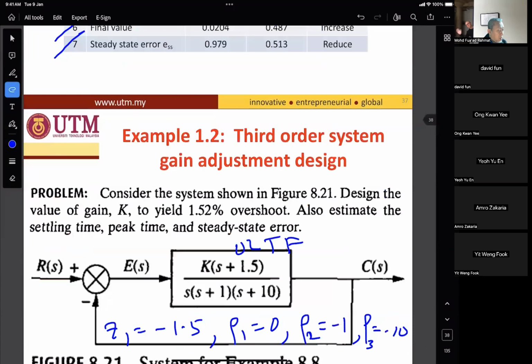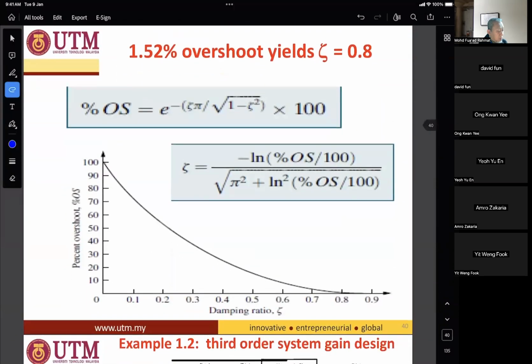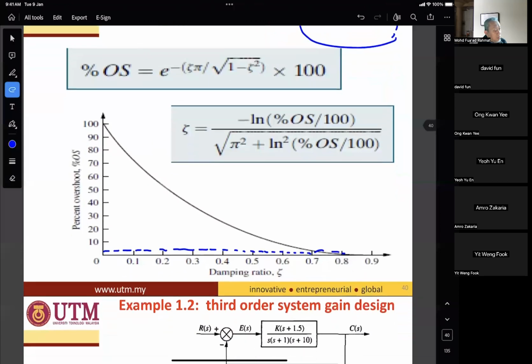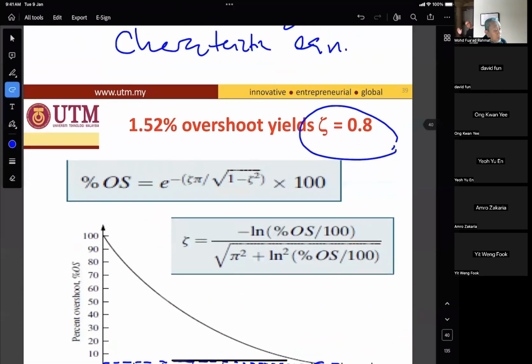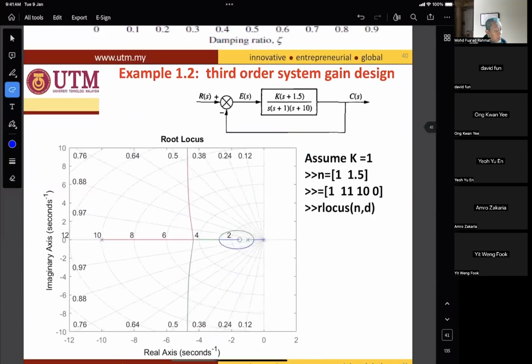The question is given 1.52% overshoot. Using the graph, which is very, very down here, a little bit down, which will give you 0.8. So approximately 0.8, and then we plot the root locus.